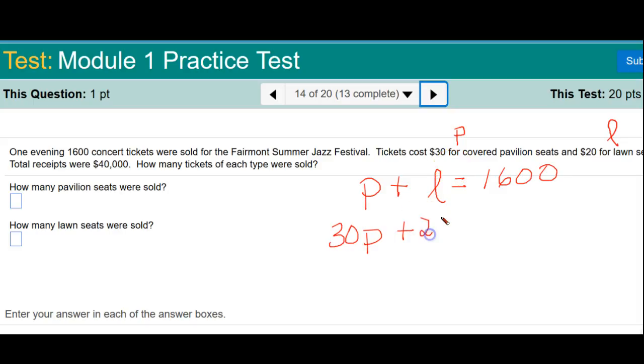Lawn seats were $20. And the total revenue was $40,000. So, again, a strategy might be you're going to multiply this equation by a negative 30. This way the p's would cancel out. And whichever method you use, it's just a process of being careful, watching your signs, and then later substituting once you find a value for p for L.